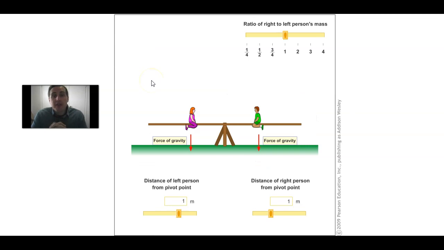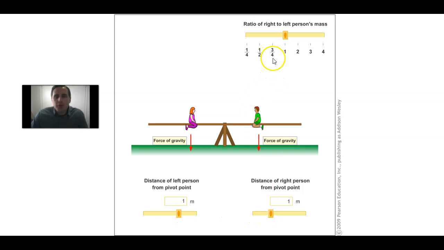So what we have here is two people who are roughly the same mass, thus roughly the same weight, and they're on what you might call a seesaw or a teeter-totter. This seesaw allows you to change the ratio of their masses and to change their positions relative to one another.